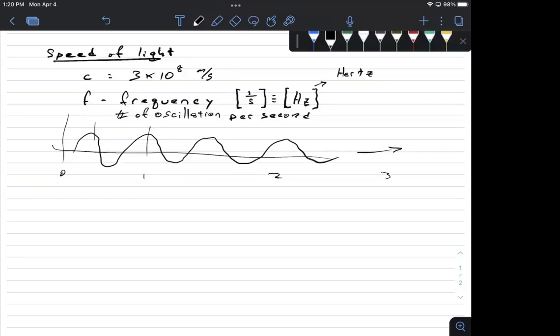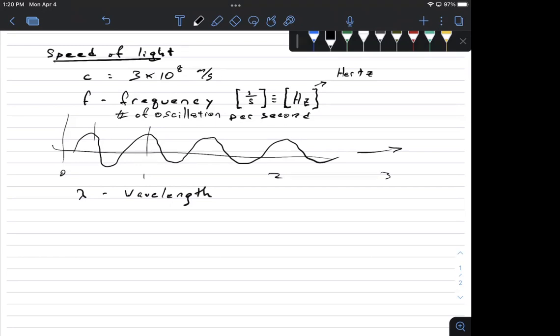The other characteristic we want is called lambda. That's a Greek letter, lambda. And it's called the wavelength, sorry. I kept thinking of a quantum mechanics term, wave function, wavelength.